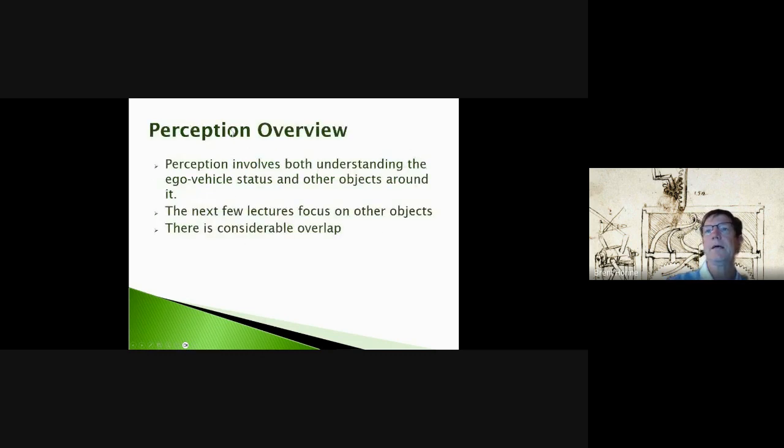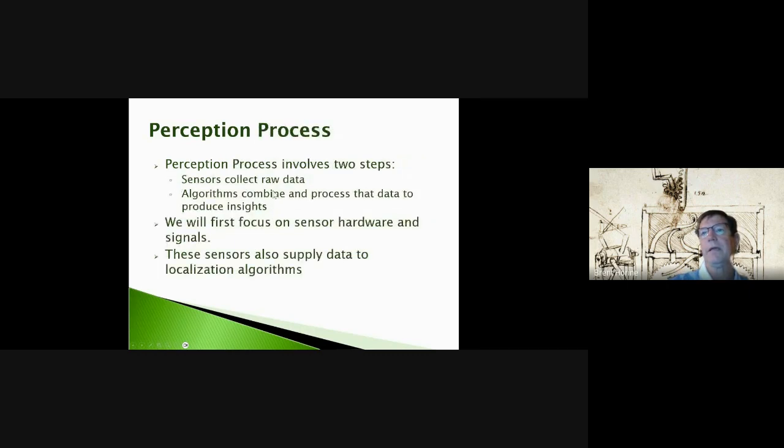All right, perception overview. Perception involves both understanding the ego vehicle status, which we've been talking a lot about, but also other objects around it. The next few lectures I'll focus on other objects, not exclusively, but there is considerable overlap. Just my way of thinking about it, the perception process involves two steps.